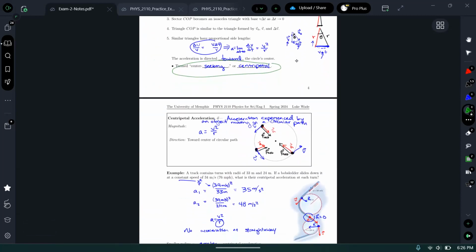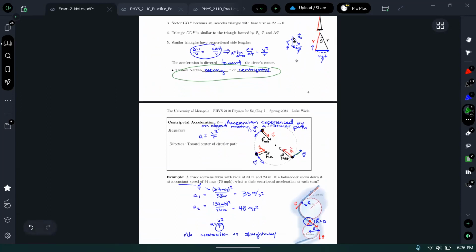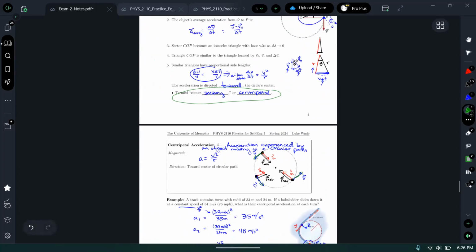The velocity is tangent to the circle. As usual, it's always tangent to the path. But for that reason, we sometimes call it the tangential velocity. So if you can remember tangential velocity, centripetal acceleration, centripetal force, you'll be able to get the directions of all three correct in any problem that asks about that.